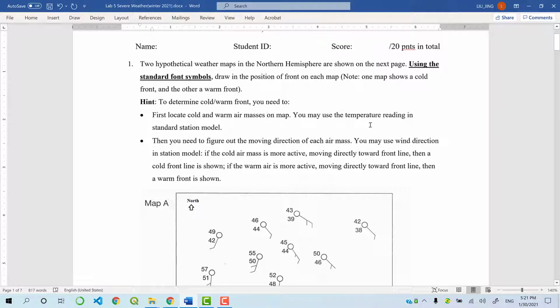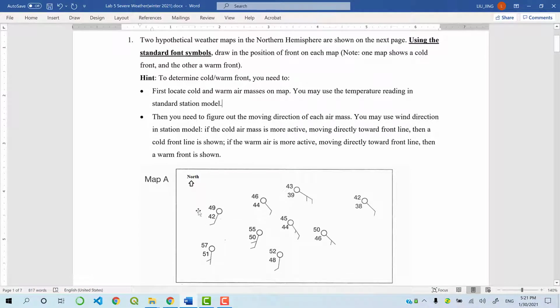You may use the temperature readings in the standard station model. This bubble is your station, a weather station that never moves. Here is your wind symbol, showing wind direction and wind speed.